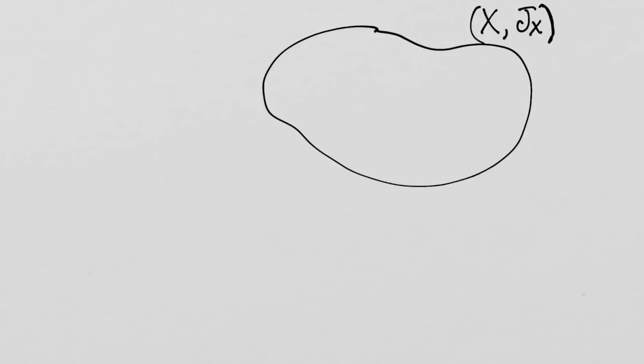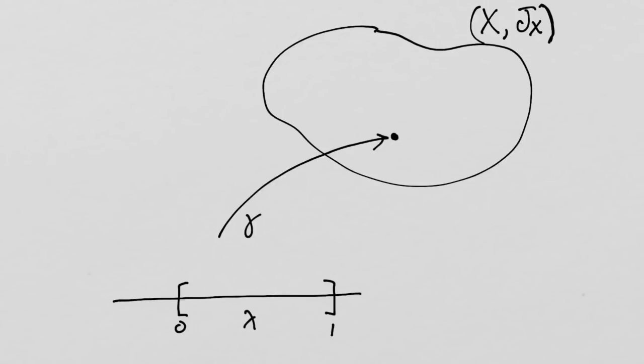Now, we've talked about paths in many places in these lecture series, and we're going to do the exact same thing we always do to define a path. A path is essentially a function. And that function is the usual thing. We're going to say a path in space is a function that takes a small segment of the real line, the closed segment from 0 to 1, and maps this segment to points in the abstract space.